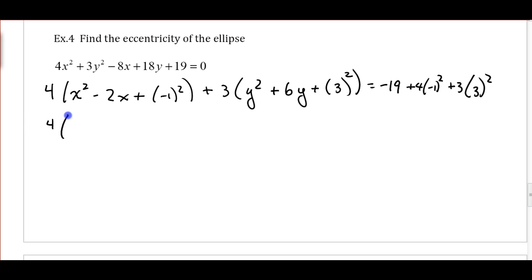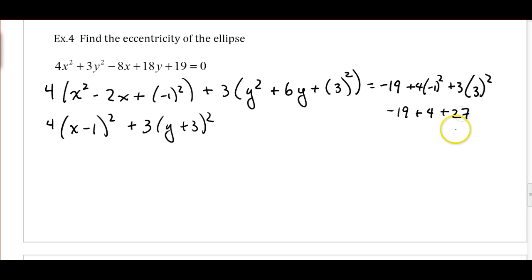So over here I get 4 times x minus 1 squared, and over here I get 3 times y plus 3 squared. Over here this is negative 19 plus 4 plus 27. So that's negative 15 plus 27, which gives us 12.